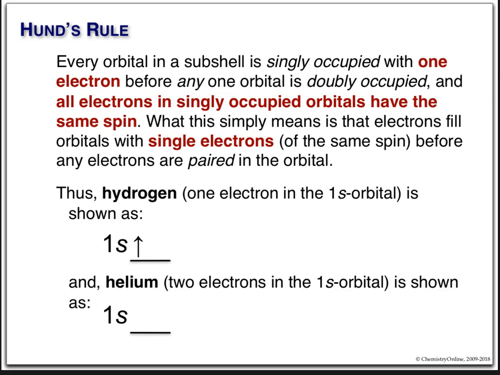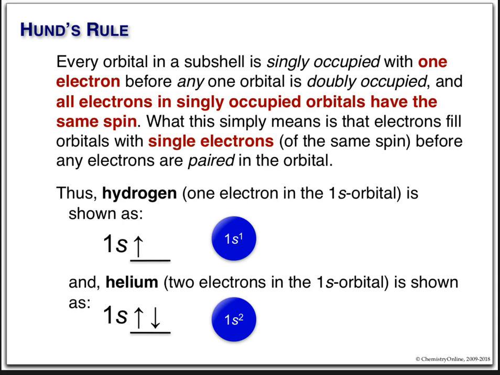We have 2 electrons. One will be up and one will be down. The shorthand way to show this, and the way you will show this on an exam, is this way. 1s1, 1s2. And everybody just understands that when you have 2, 1 is up, 1 is down.